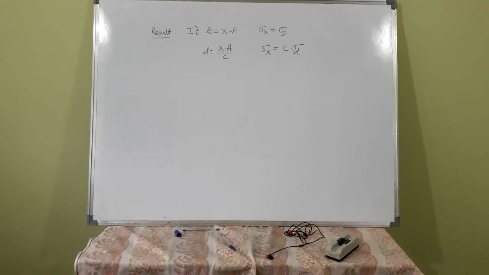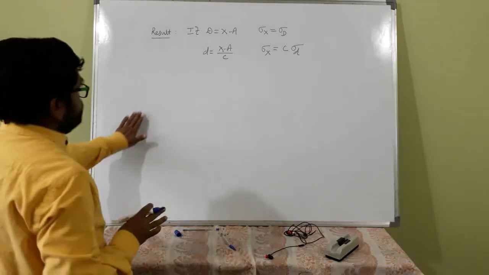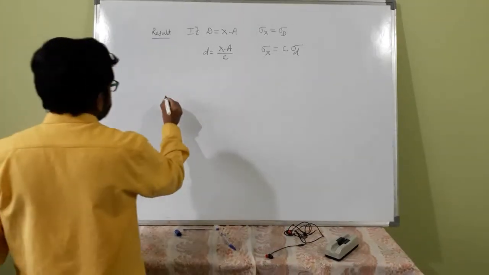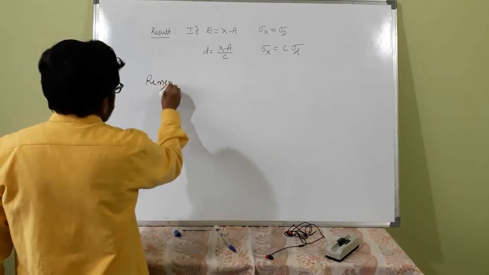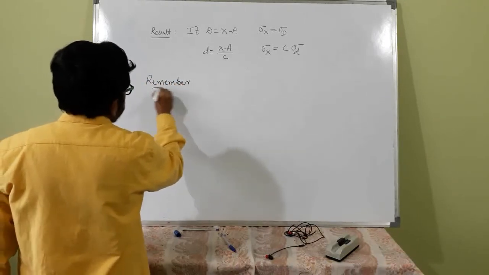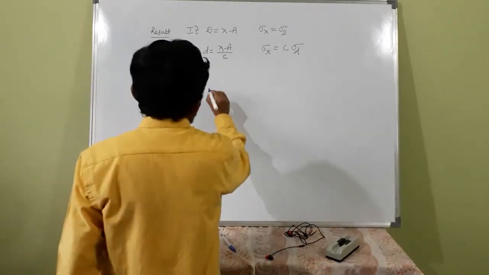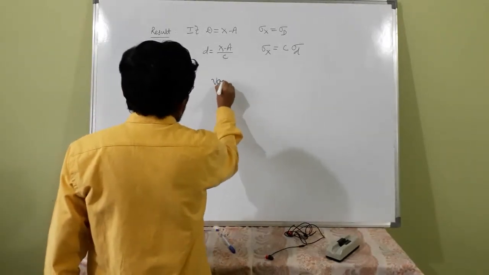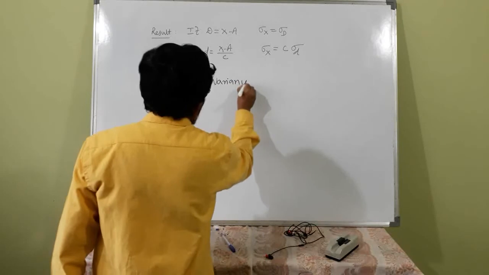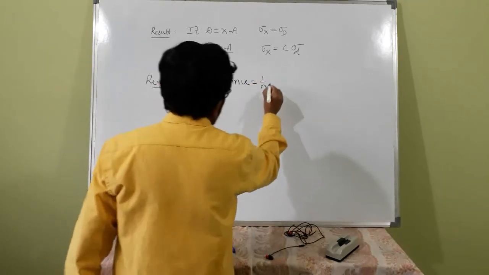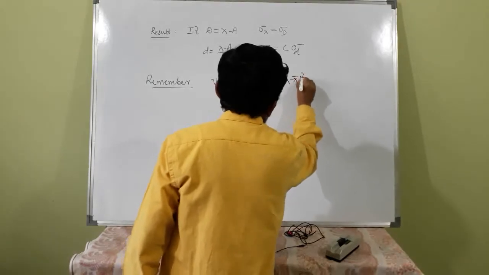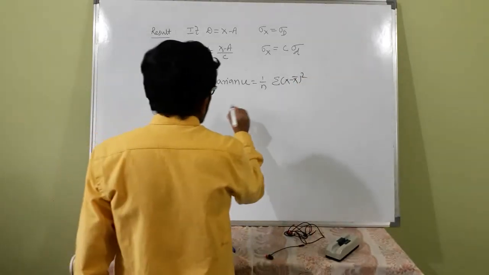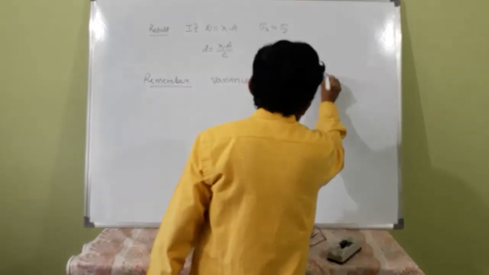So what we have discussed so far, remember only these things. Variance is 1 by n into summation x minus x bar whole square. This is for raw data.